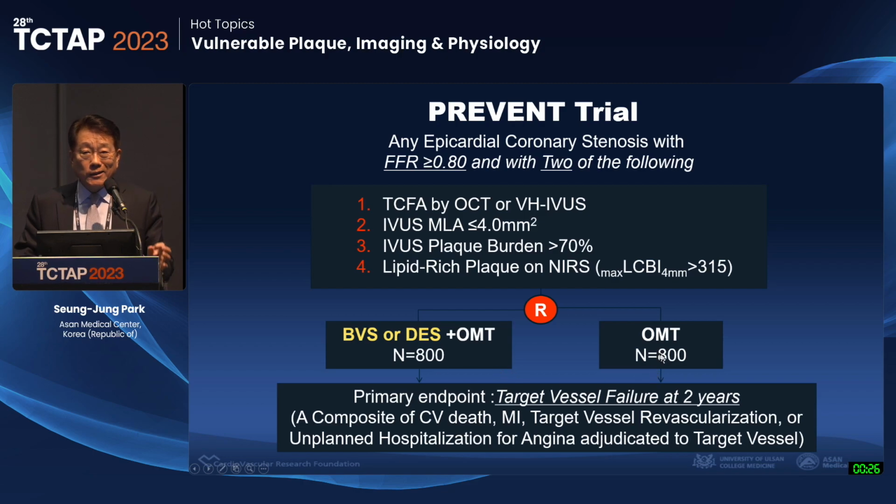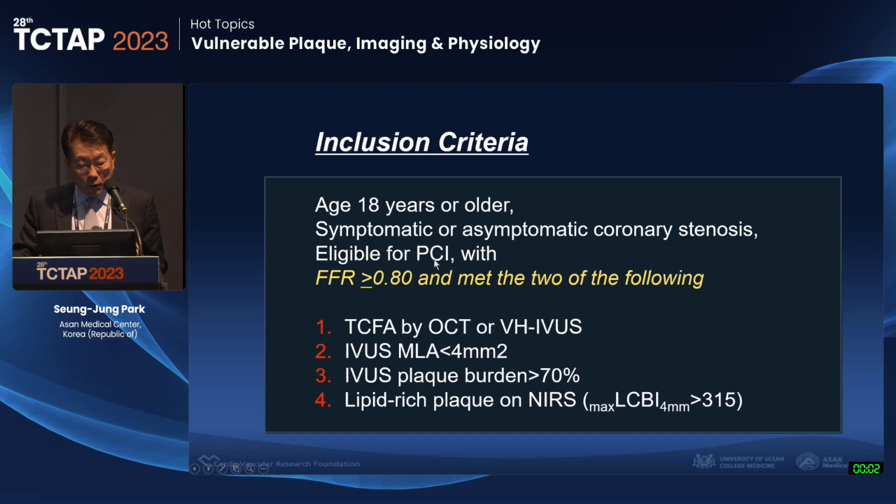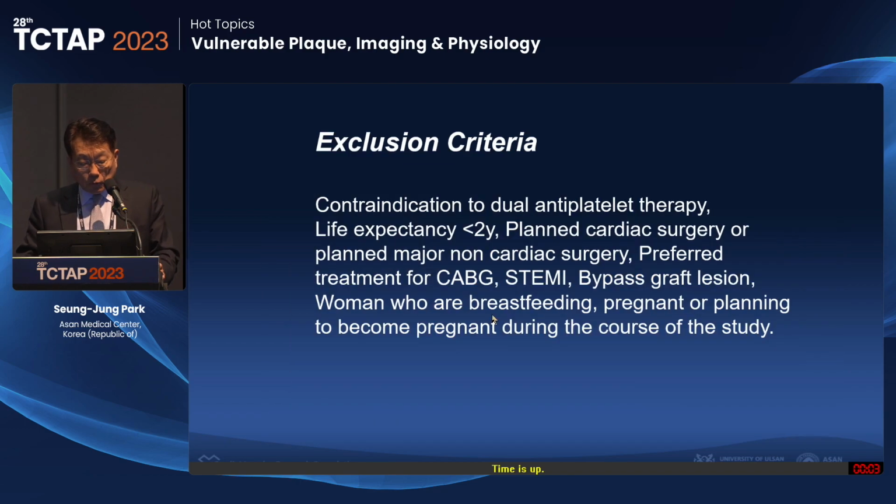Overall 1,600 patients were included, PCI and optimal medical treatment, with negative FFR and two of the following vulnerable plaque characteristics. So to determine whether PCI implantation for functionally insignificant vulnerable plaque works or not, we included negative FFR and two following vulnerable plaque characteristics.